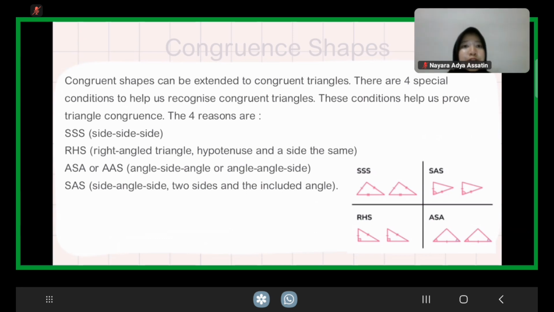The four reasons are side side side, right angle, hypotenuse, and a side, the same. Angle side angle or angle angle side. Then the last, side angle side, two sides and the included angle.